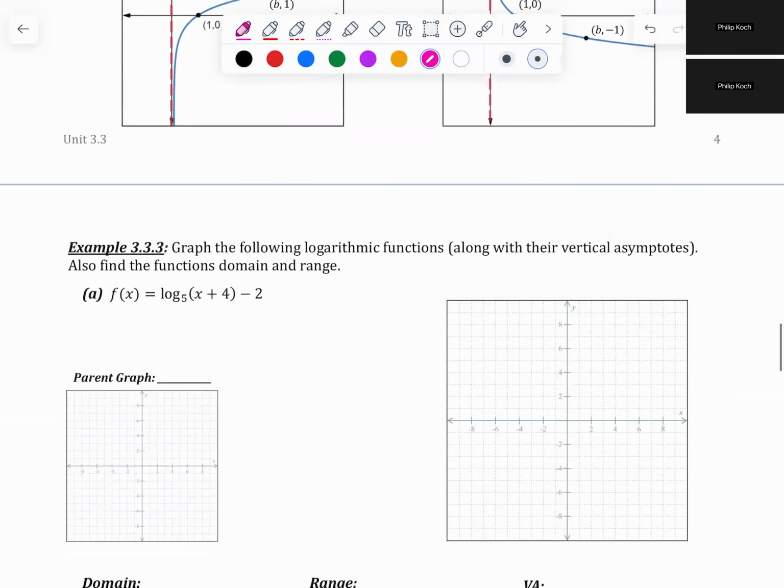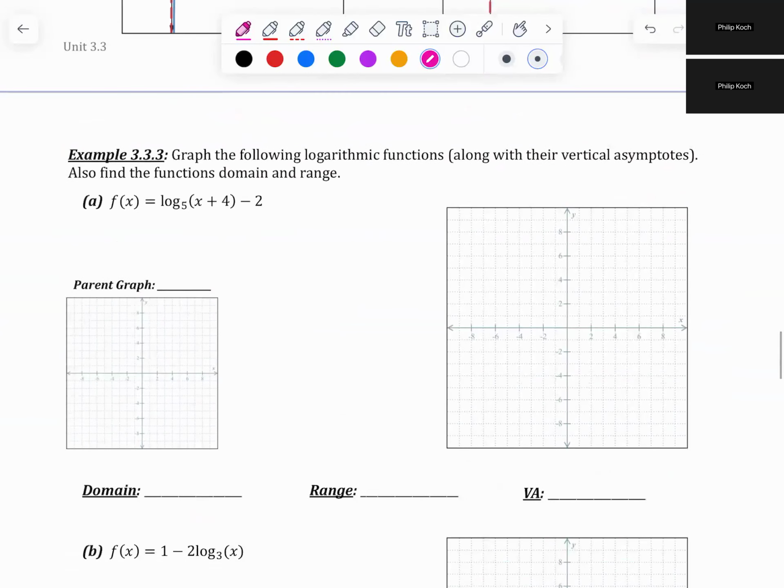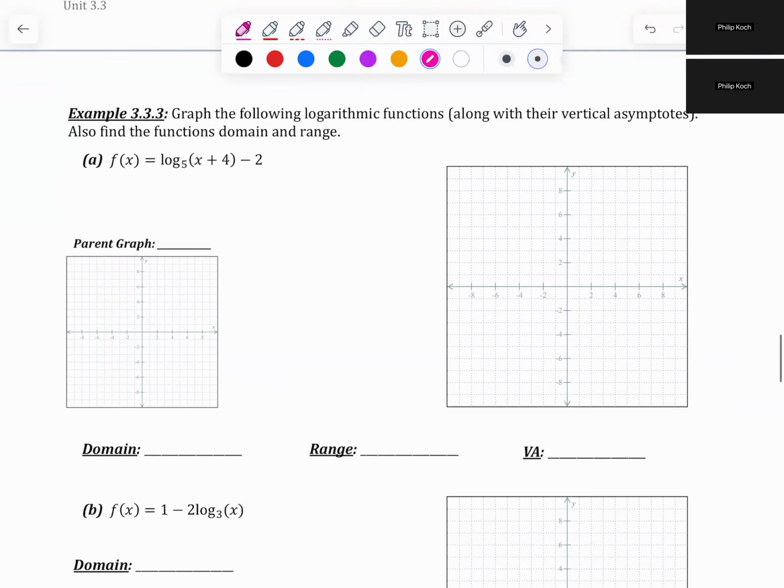So let's go ahead and graph one of them. But of course, you can also plot points. We'll do it with RCS at first, with a linear transformation, and then we'll do it without in just a moment. So log base 5 of x plus 4, minus 2. The parent graph is y equals log base 5 of x.